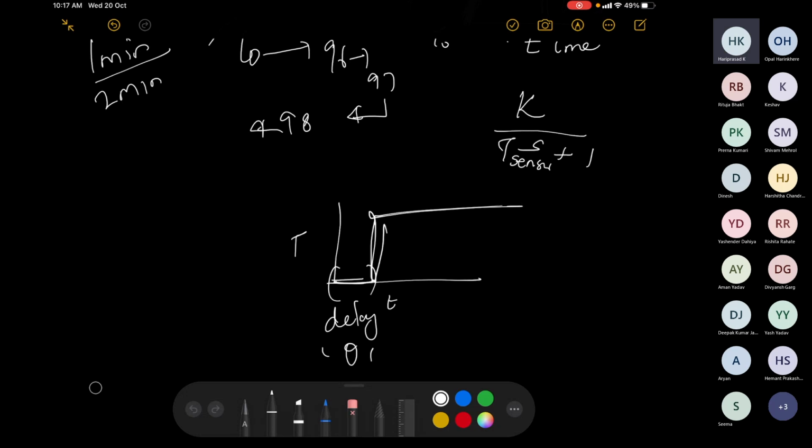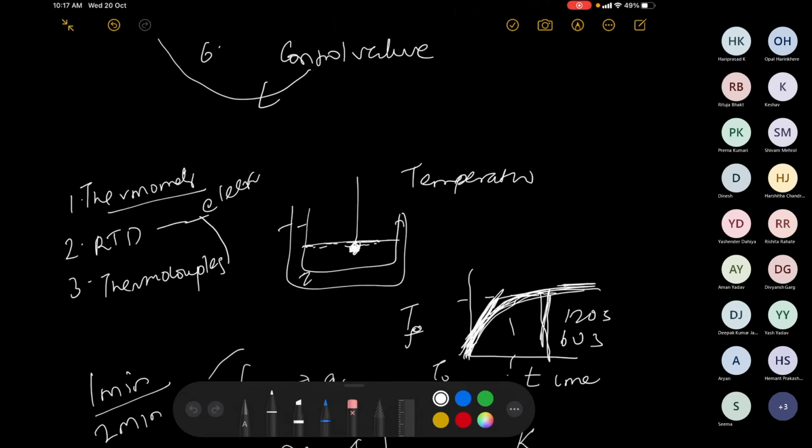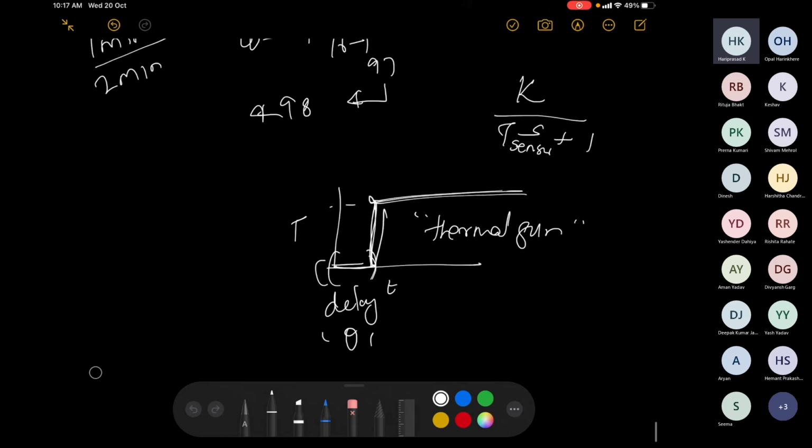So these kinds of temperature sensors also exist. Look at your thermal guns, which are now widely used to scan the temperature. It most likely behaves like this, because there would be some time to scan. So that is this delay, but it would just give you one shot. It won't take any time to bring in dynamics, it would just bring in a delay.